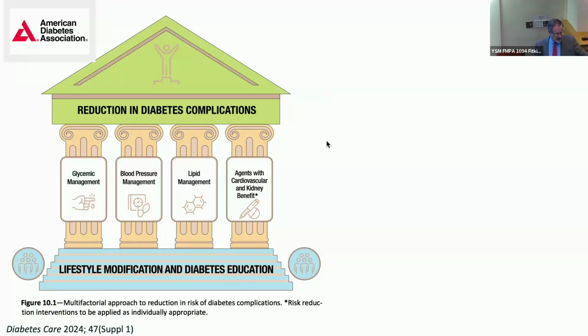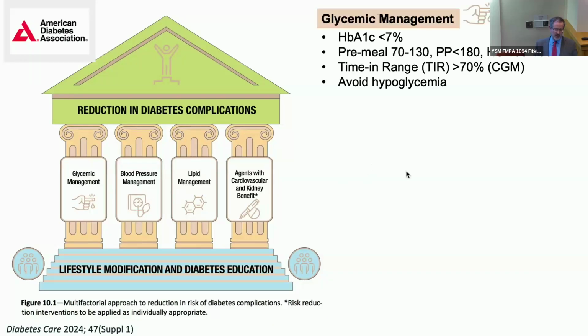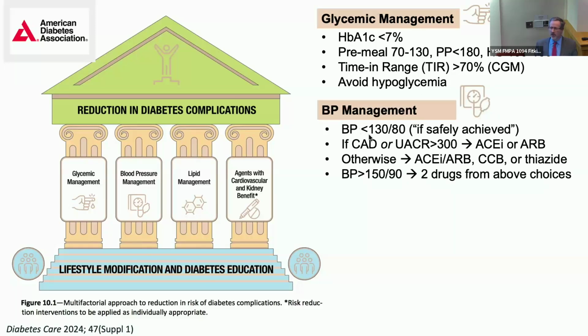So managing diabetes is not just about glucose because, as you know, these patients are at high cardiovascular risk. So we spend just as much time worrying about their blood pressure and their lipid management in addition to their glucose control. So quickly, the blood pressure target now is less than 130/80.